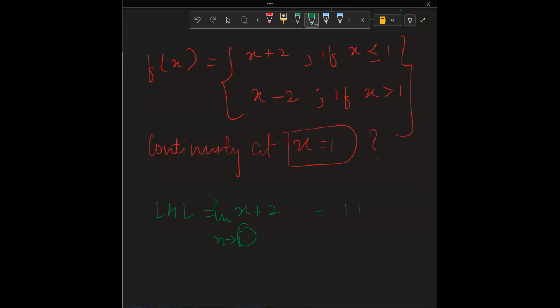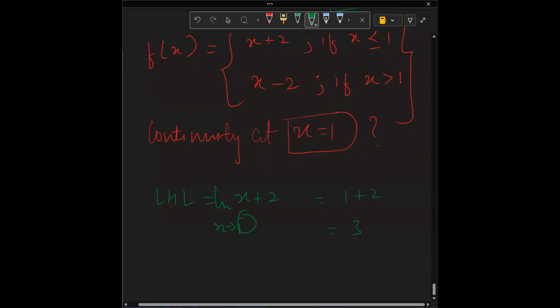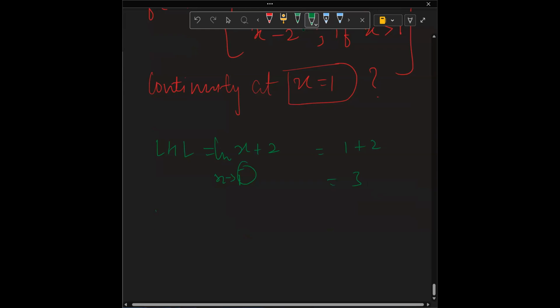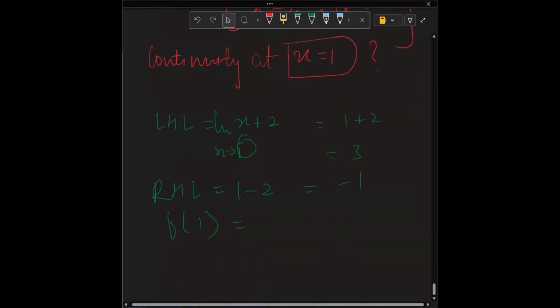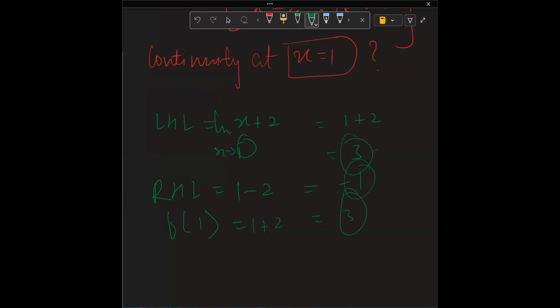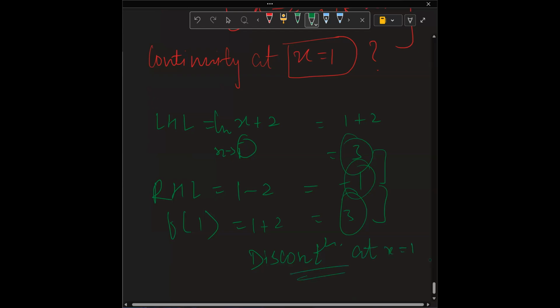So you will put the value of x as 1, that is 3. Your RHL is x minus 2, that is minus 1, and your function value is x plus 2, that is 1 plus 2, 3. So this and this are not equal. So it is discontinuous at x equals to 1.